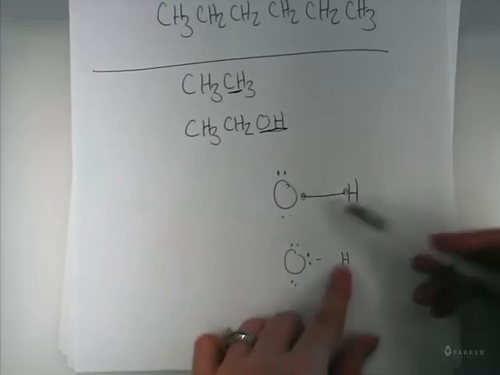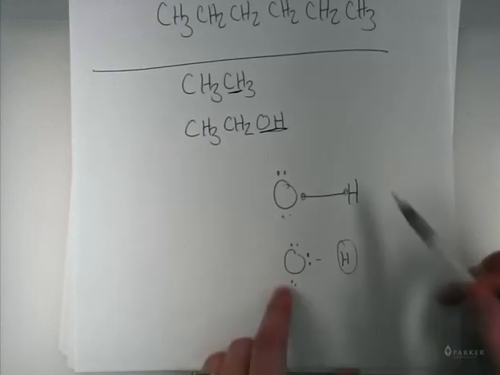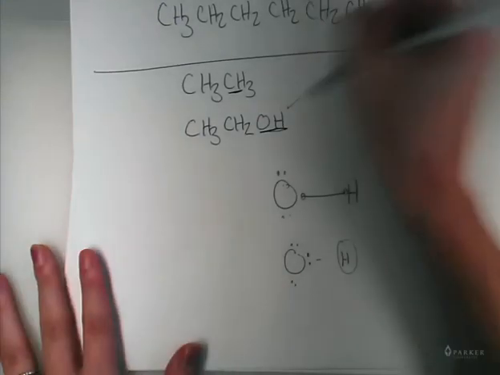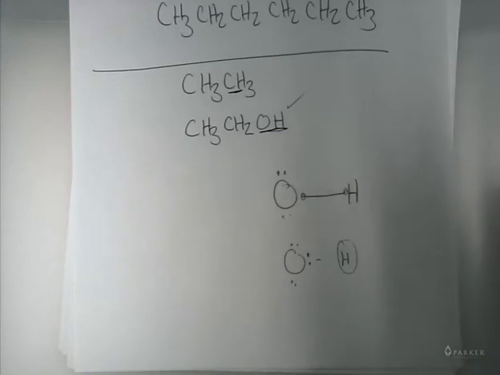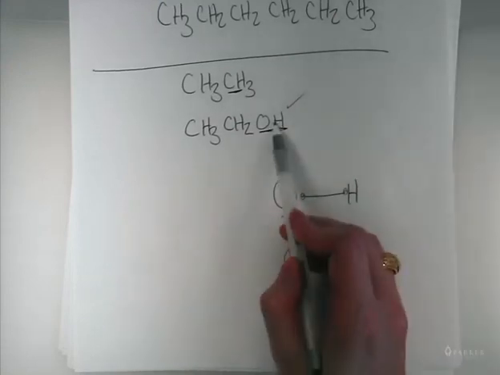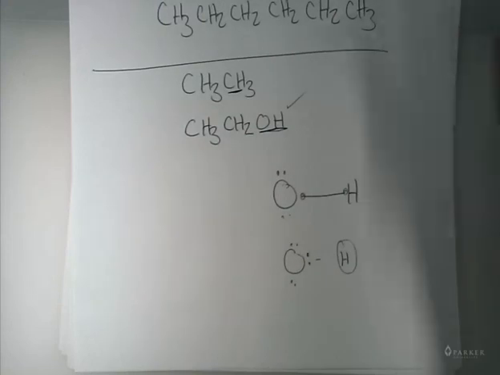So this bond is very weak because oxygen's stealing the electrons from it. And so that's why that makes it more acidic. Because an acid, what's its role in life? What does it do? Gives up a hydrogen, okay? So if that bond is weaker, does it make sense it's easier to give up?